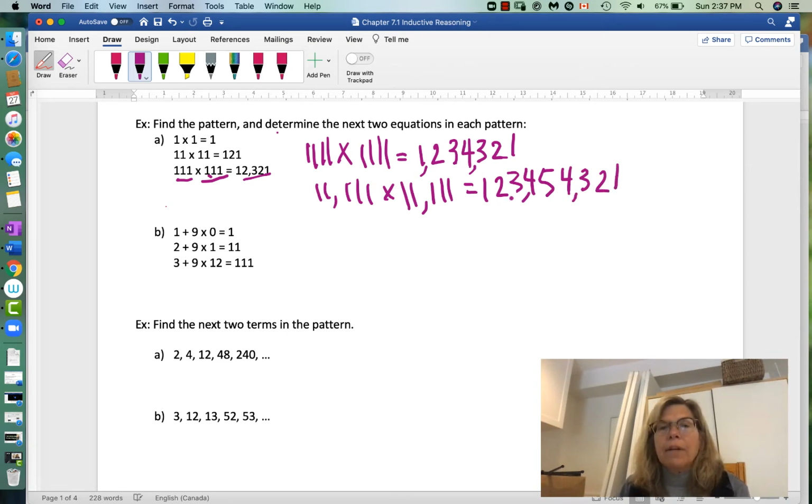There you have it. So this is a really cool example of how you can find the pattern in a sequence or series of equations.